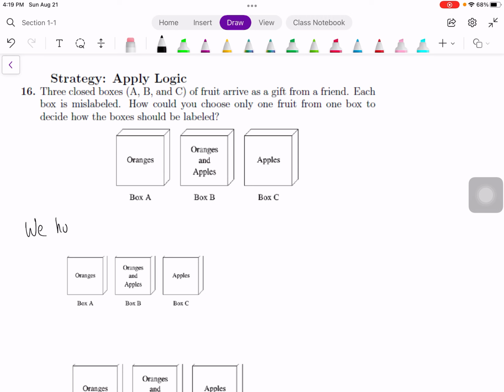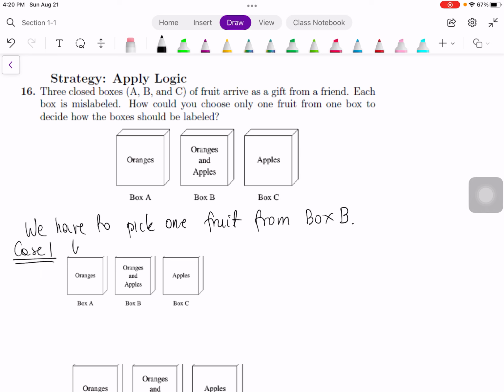So first, let's summarize. We have to pick one fruit from box B. That one I know for sure. And let's think of the possibilities, what can occur.